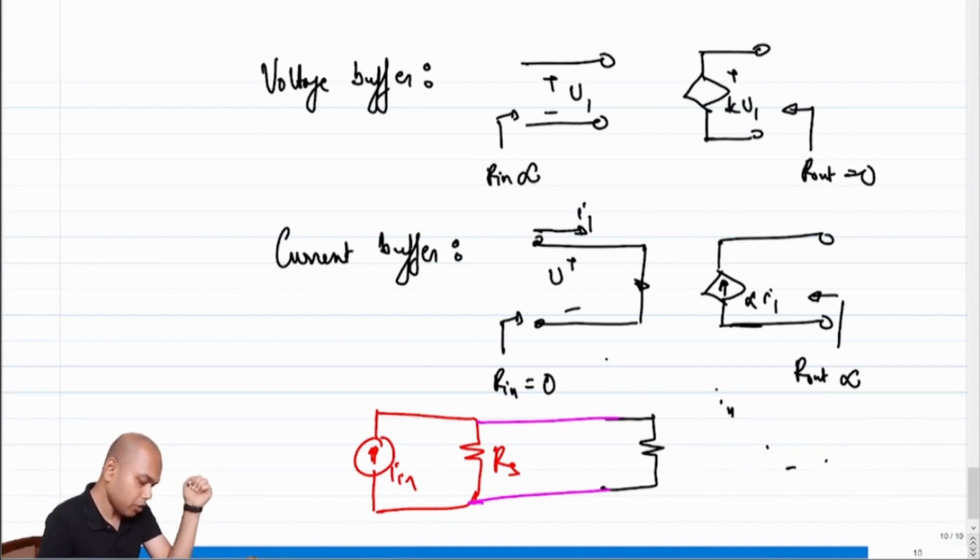So what buffer do we put? We put a current buffer. What is a current buffer again?